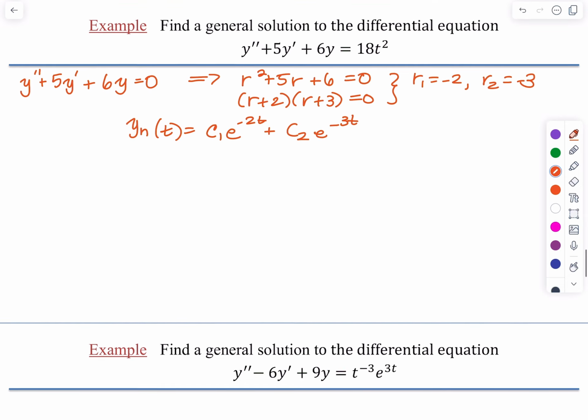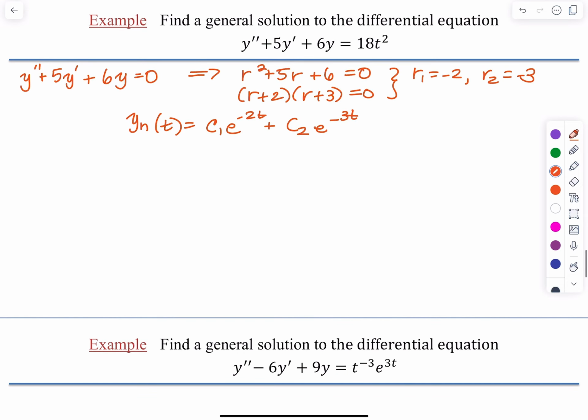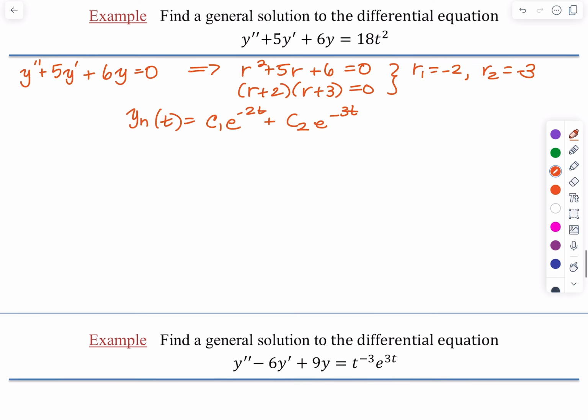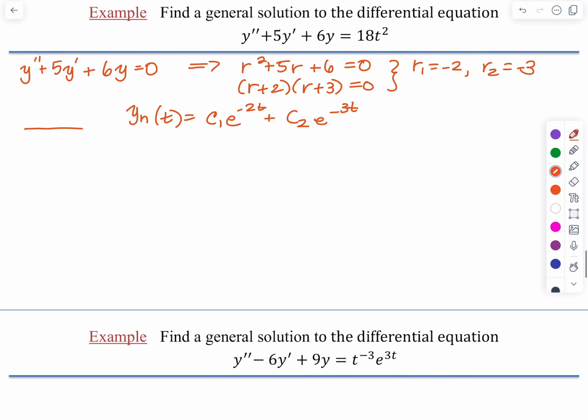So now we are going to use the method of undetermined coefficients to find a particular solution to the non-homogeneous equation.